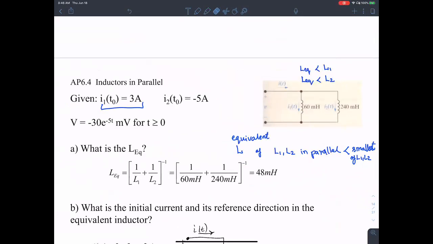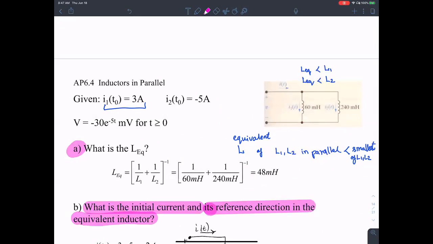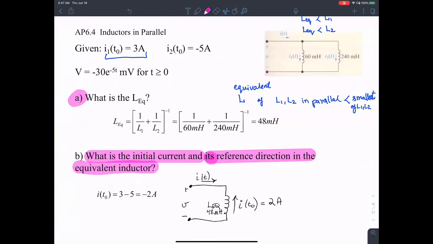So what is the initial current? That's the first problem. What is the initial current and its reference direction in the equivalent inductance? Here is the equivalent inductance, which is given to be 48 millihenry.